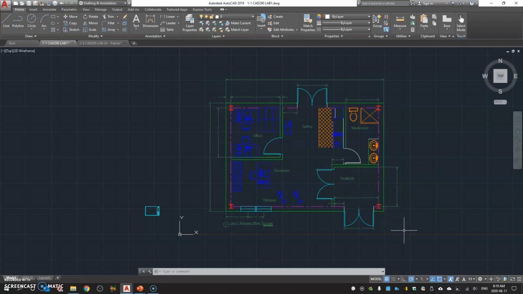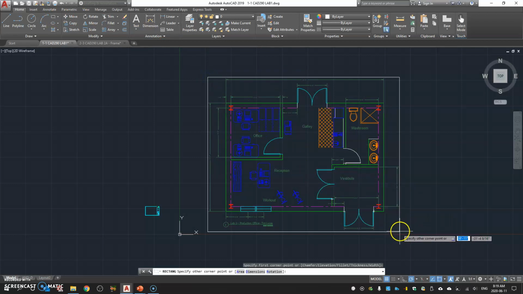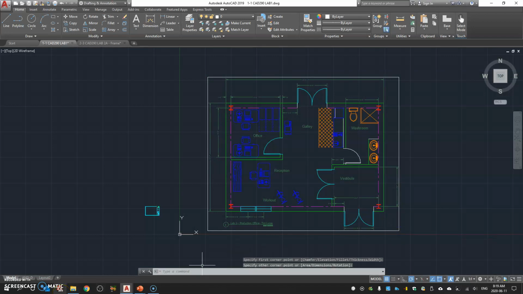You can do it by typing REC, and here, because I cannot type with my keyboard right now, I'm going to go with this icon, which is rectangle, and I click on this point and this point here. Roughly, I draw a rectangle around the view. Now I draw a line from here to here.